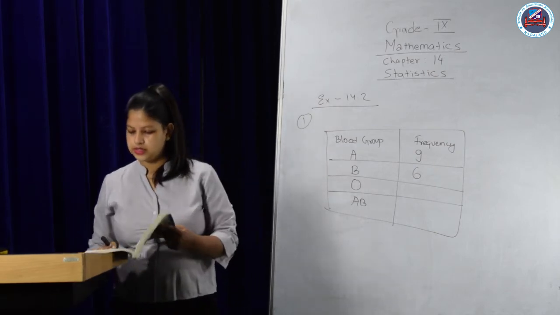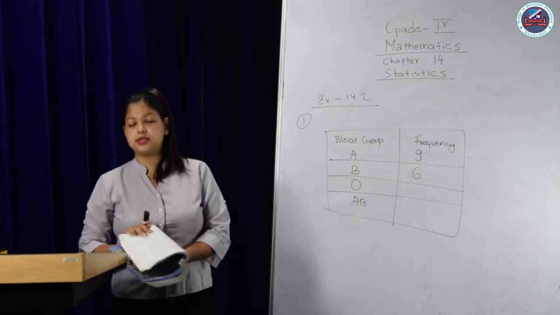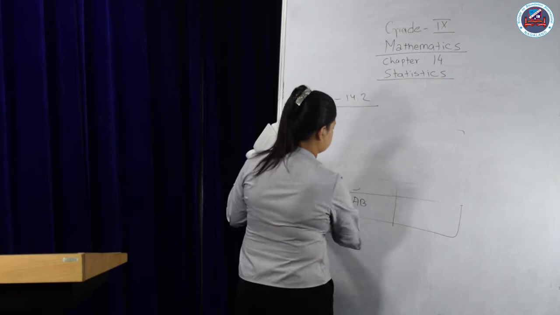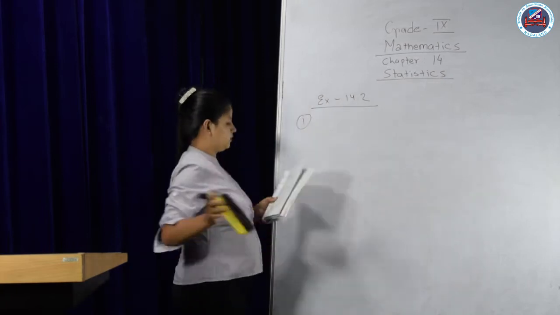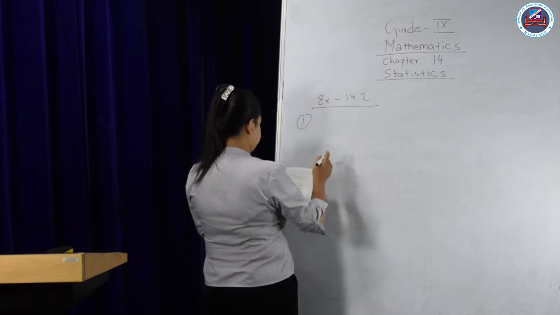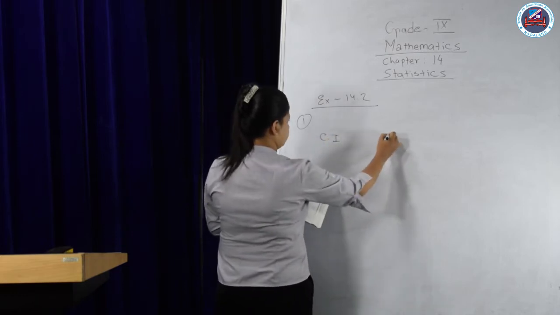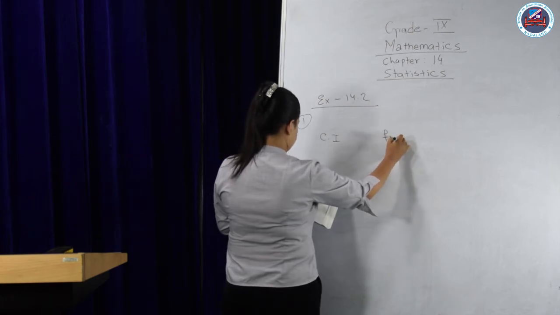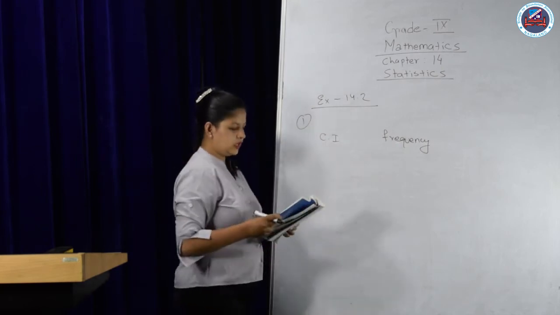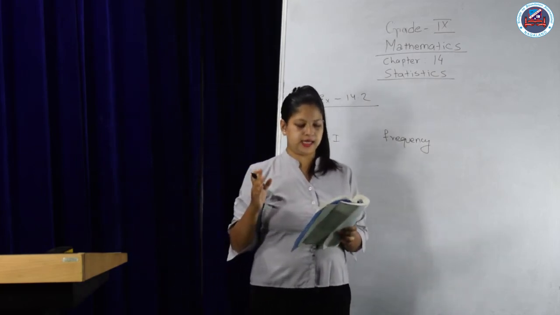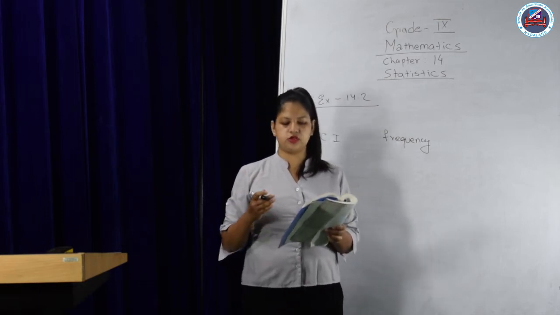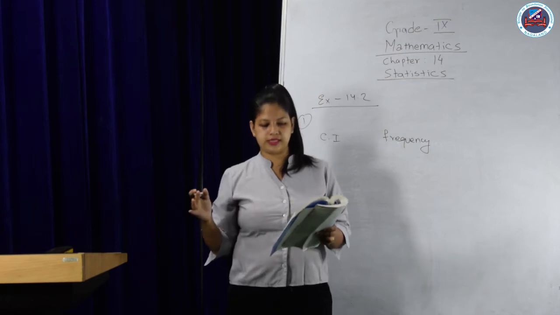Similarly go for 2. In 2 there is a class size given. So if you check your question, it is said the distance in kilometers of 40 engineers from their residence to their place of work were found as below.